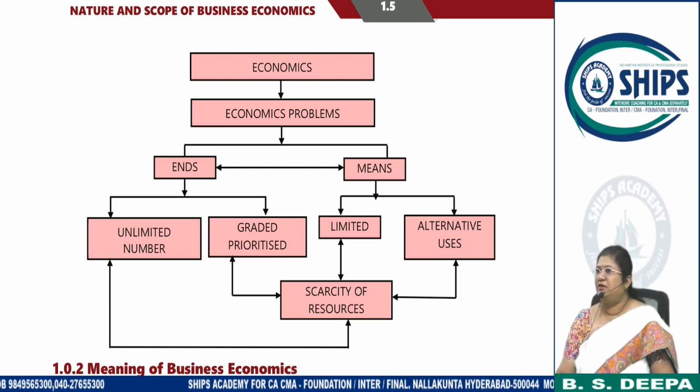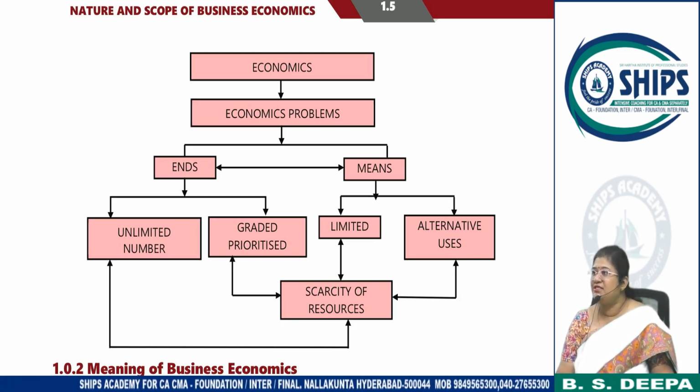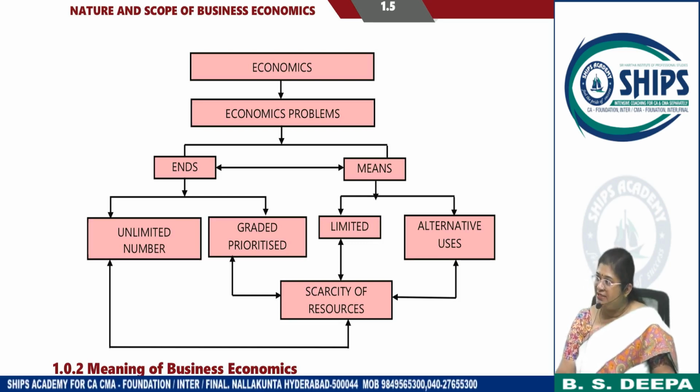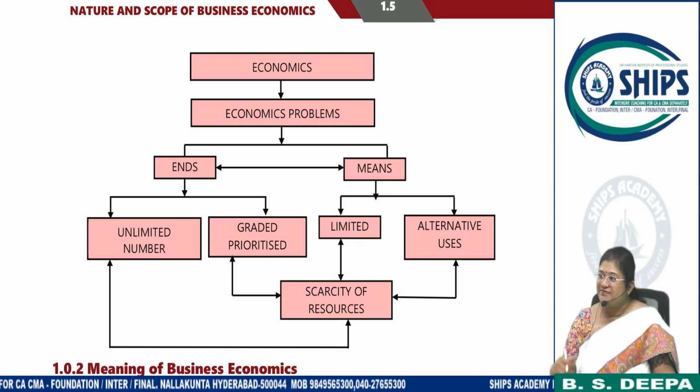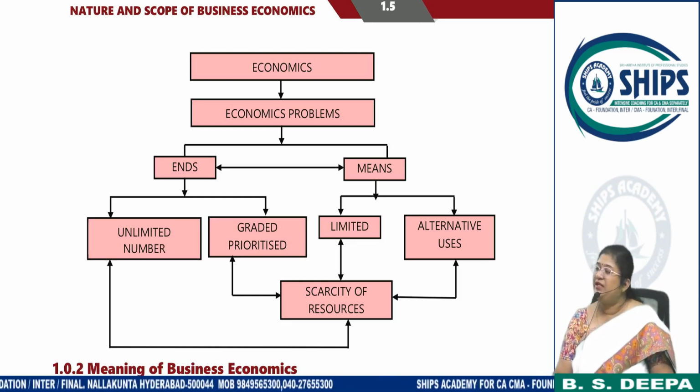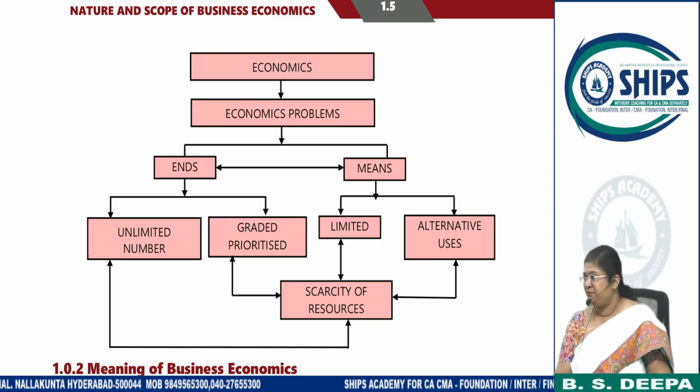So here the most basic problem that we face is that our wants are unlimited, correct? Human nature is that we have unlimited wants. To satisfy these wants, we have resources, but these resources are not unlimited, correct?